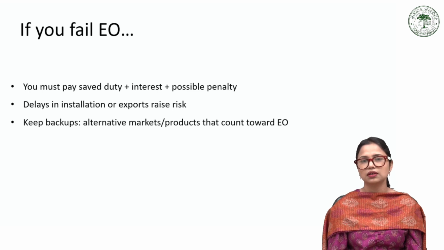It might subject you to risk and defaults in the future of getting an EPCG authorization. It might block you from future authorization processes. It might tarnish your image as an exporter in the international sphere. So all these risks are tied to delaying installation of the machinery or the capital good.